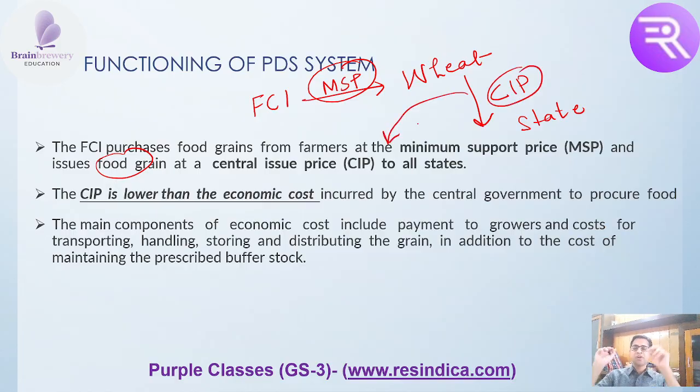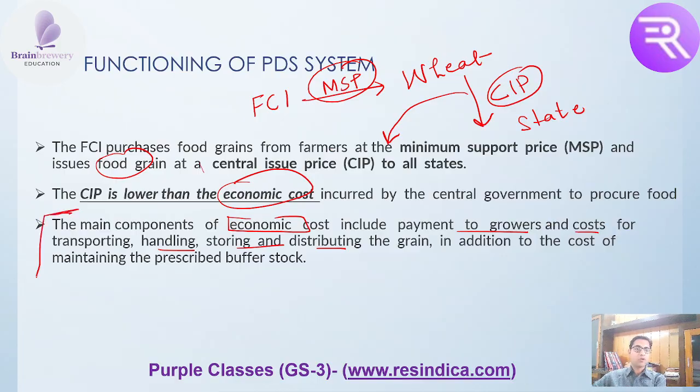The central issue price will always be lower than MSP, or the economic cost of the food grain paid by the central government, right? The main component is economic cost, which includes payment to the growers and the cost of transportation, handling, storage and distribution of the grain, and also maintaining the buffer stock. So this is all economic cost.